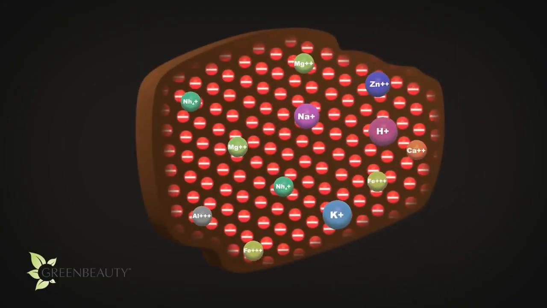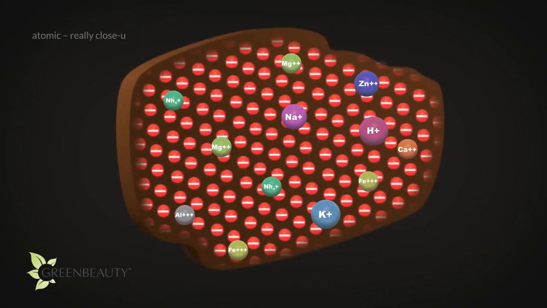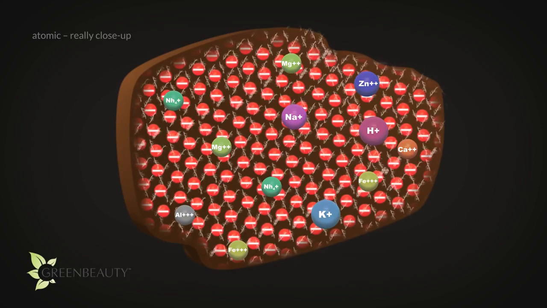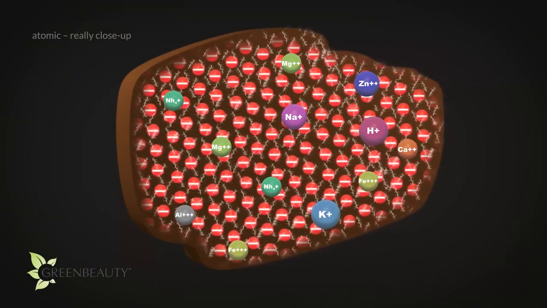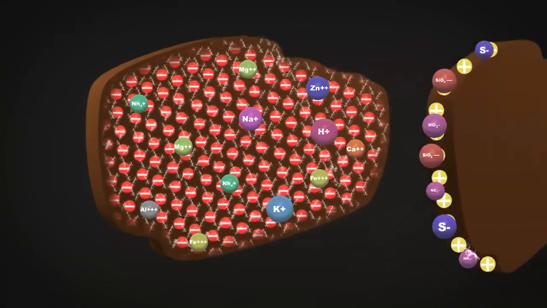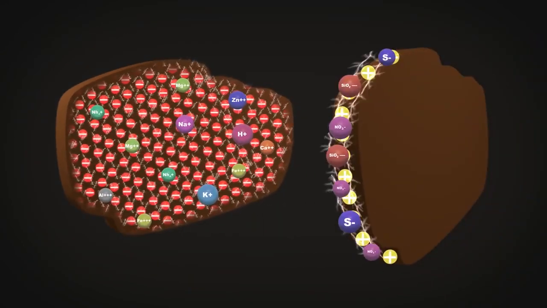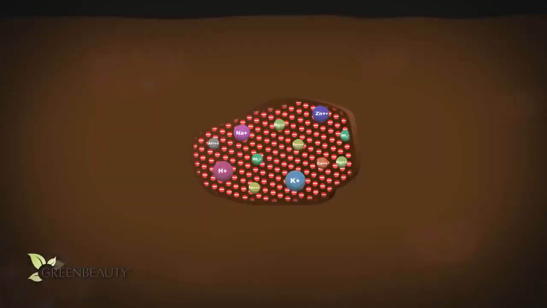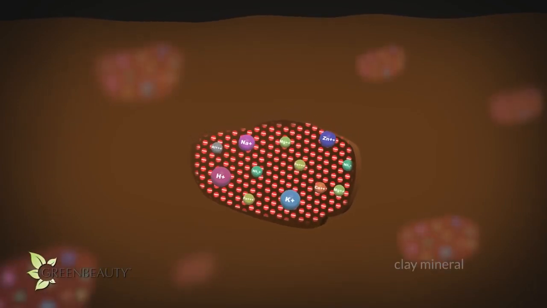That's the same thing that happens on an atomic level with clay particles. The negative charged surfaces of the clay particles attract positive charged minerals, and the positive charged surfaces of the clay particles attract negative charged minerals. They stick to each other like magnets. That's why they're called clay minerals.